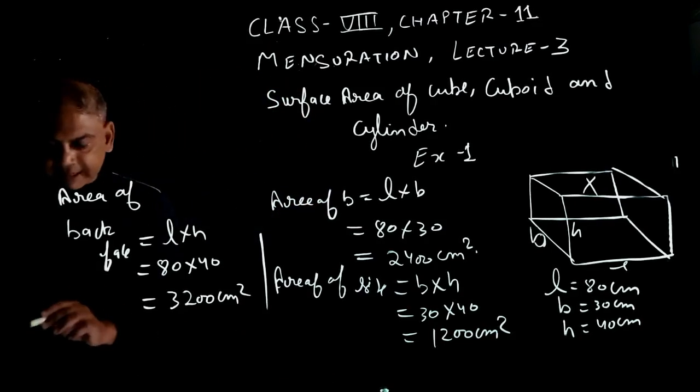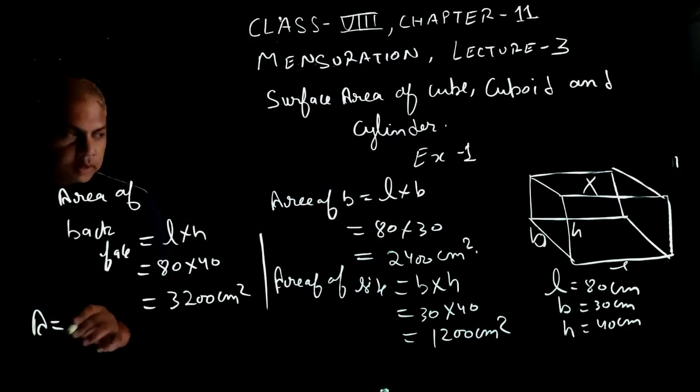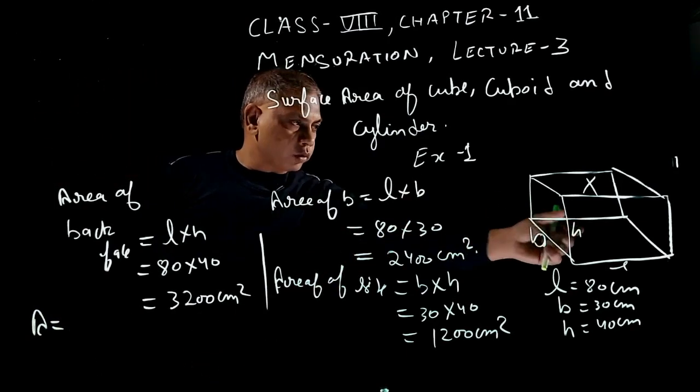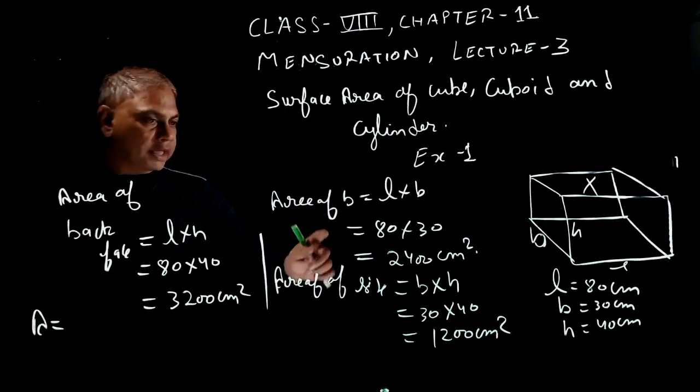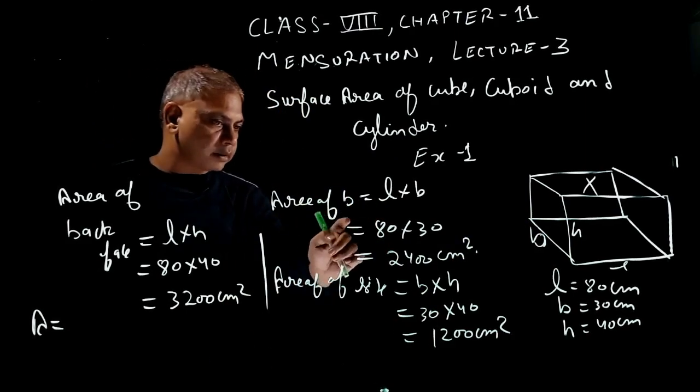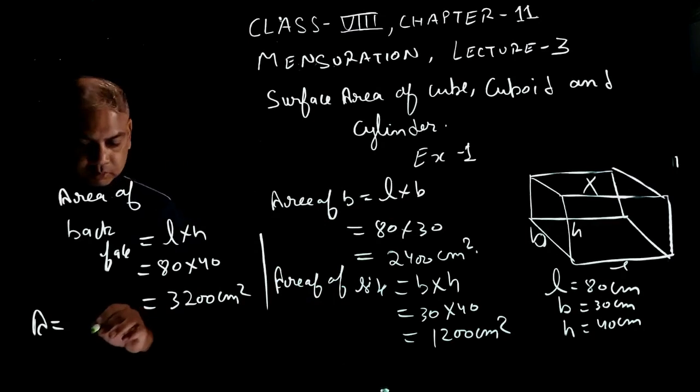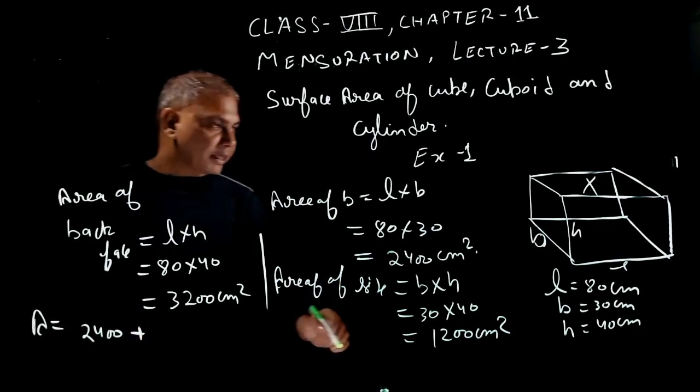Now the required area is equal to area of two faces and the bottom. So area of the base is equal to 2400, plus area of the side faces.